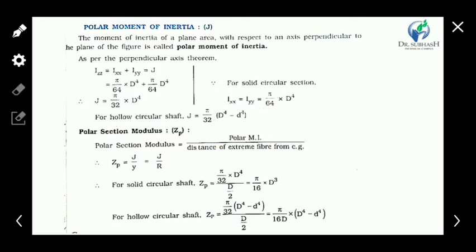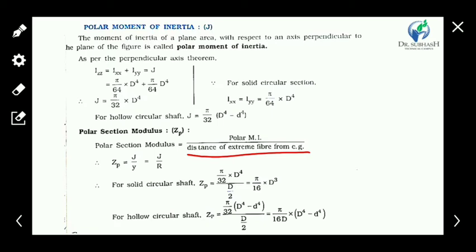Now the polar section modulus. What is the section modulus? We know it is the moment of inertia about the neutral axis upon the distance of the extreme fiber from the CG. But here we have the polar section modulus. So it is the polar moment of inertia upon the distance of the extreme fiber from the CG.